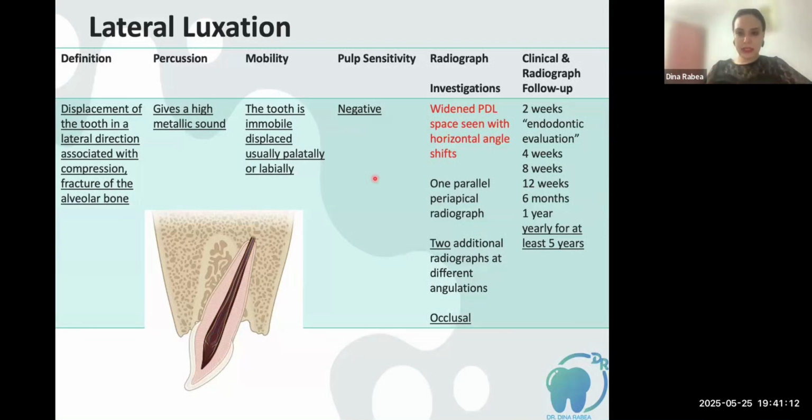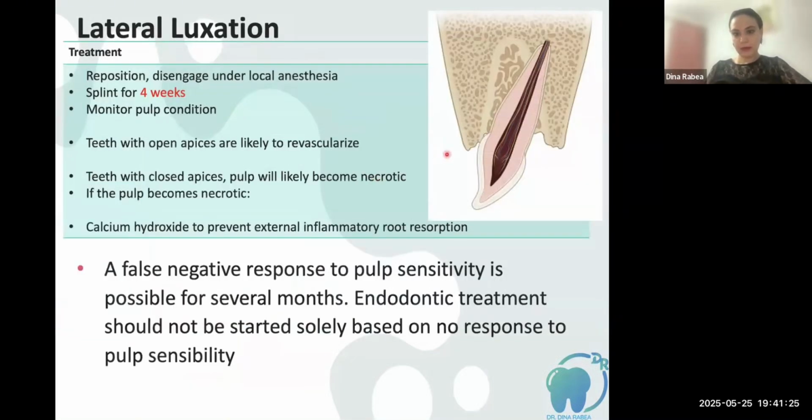So 2 weeks for endodontic evaluation, 4 weeks for desplinting, 8 weeks, 12 weeks, 6 months, and 1 year, and then yearly for at least 5 years after that. And again, a false negative response to pulp sensitivity, even after several months, does not guarantee that the tooth is necrotic.